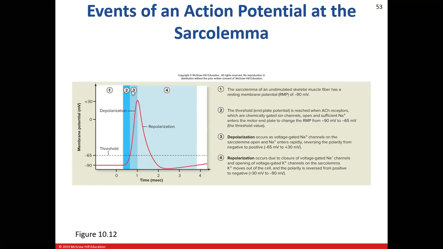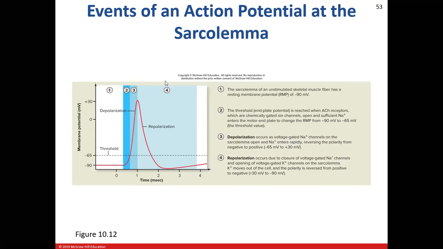In this phase here, in phases 2 and 3, phase 2, we basically are at our end plate. And so these are our ligand-gated sodium-potassium channels that are opening here. We then stimulate the voltage-gated sodium channels kind of in this number 3 here. And so this occurs as the voltage-gated sodium channels on the sarcolemma open and sodium enters rapidly.